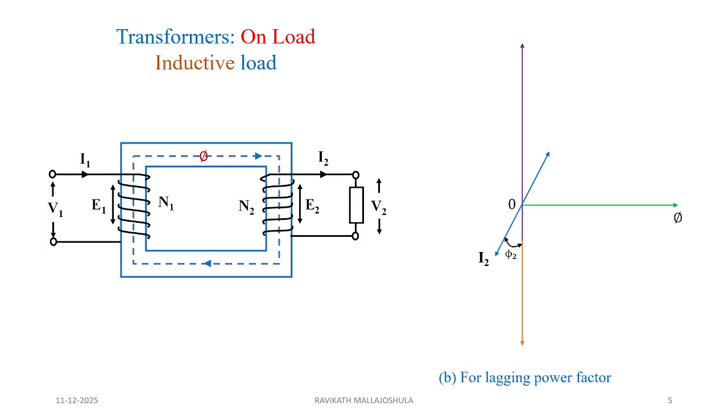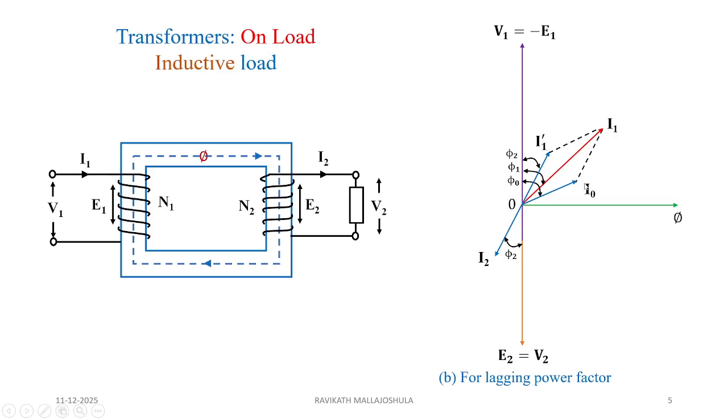Similarly, we have seen for inductive loads how the phasor diagram is changed, where you can see I2 is lagging V2 by angle phi 2, and the respective power factor angles are made with respect to the no load current and the load component of the primary current.